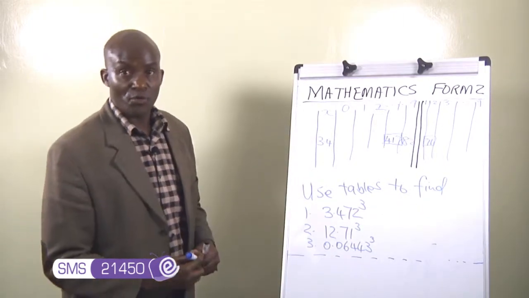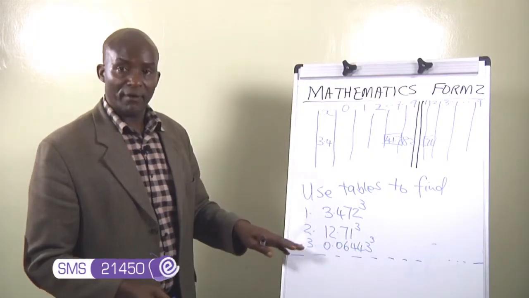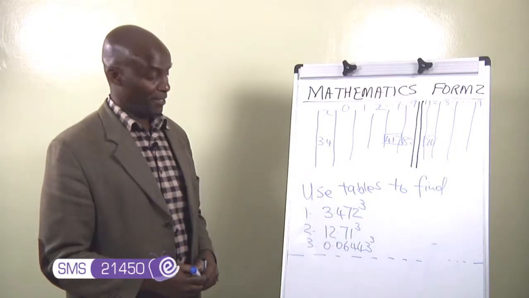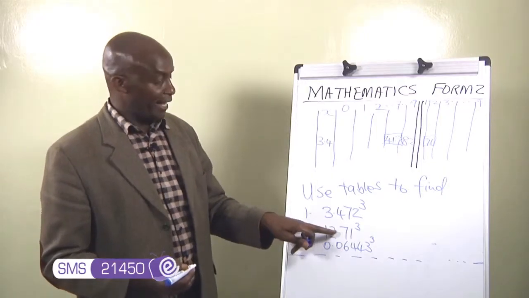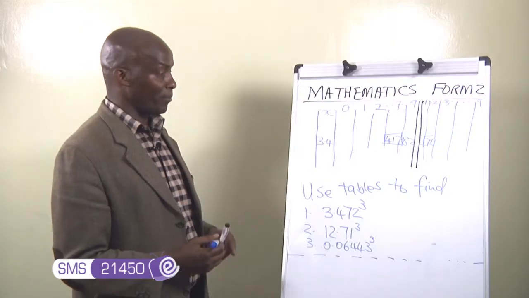So coming to the second example, we have 12.713. Now, what we said is that this number is beyond 10, so we have to write it first in standard form.